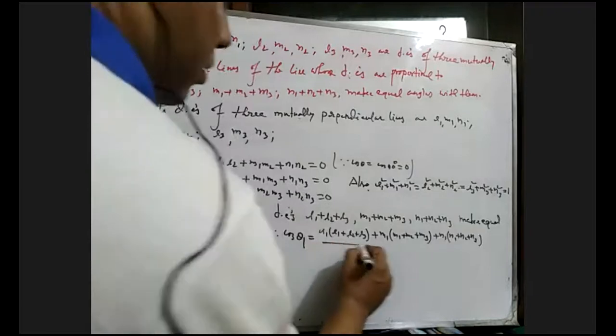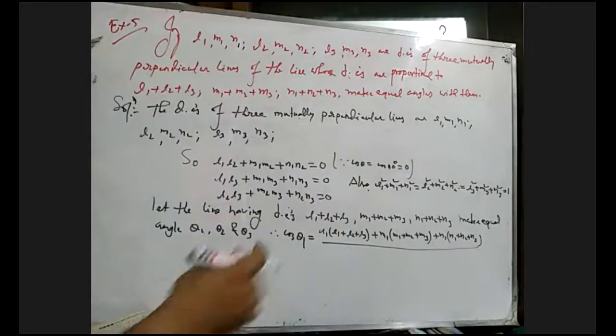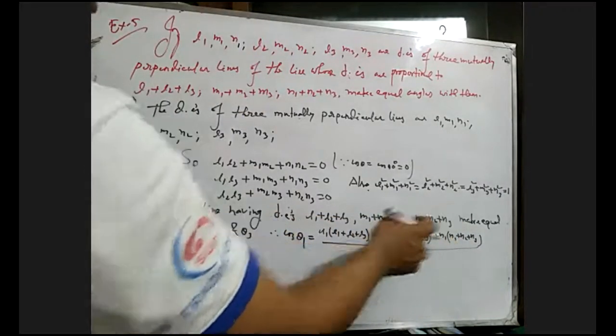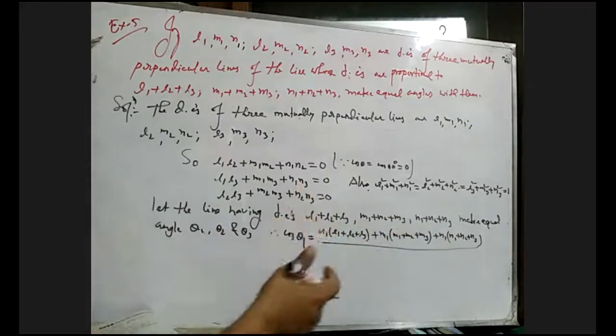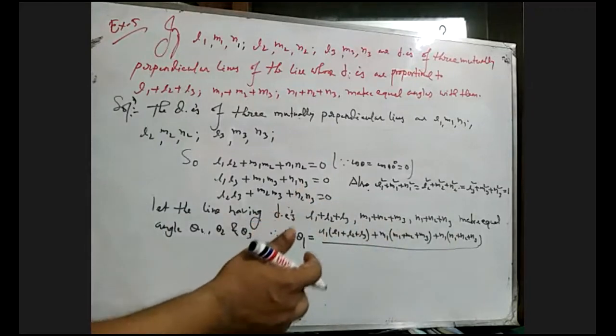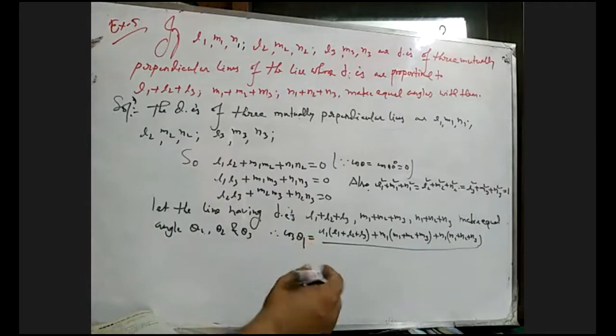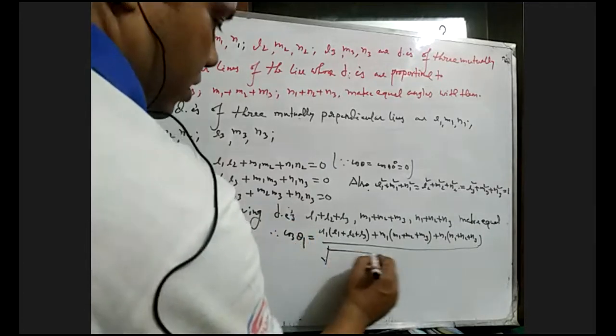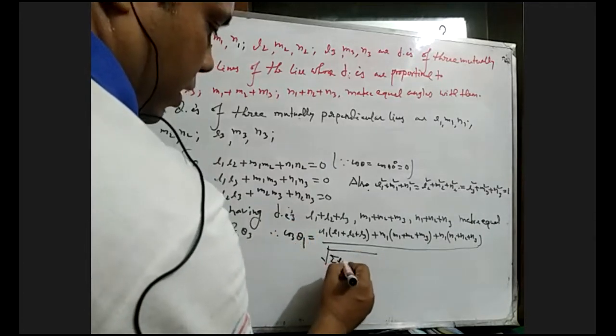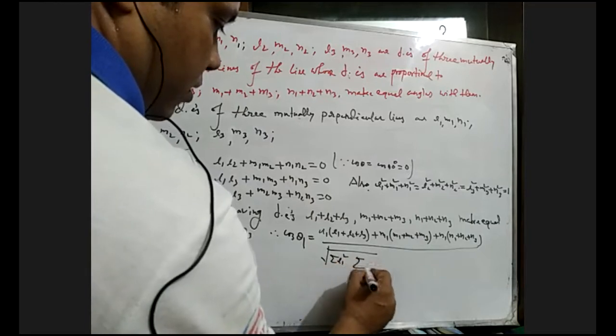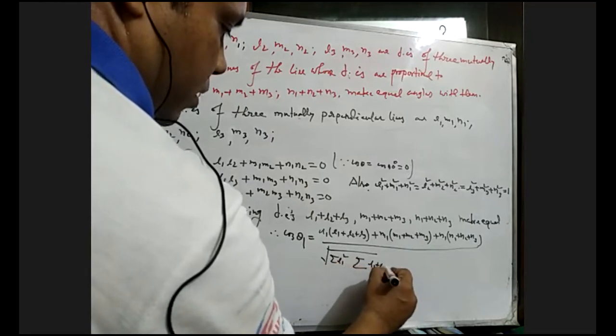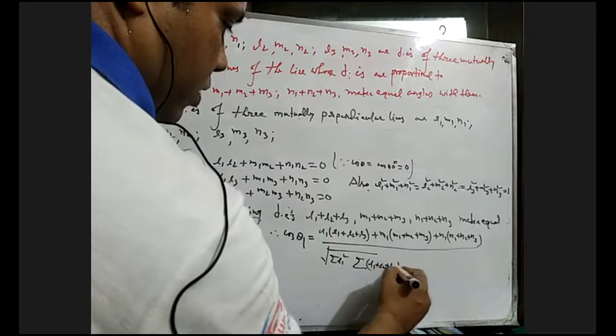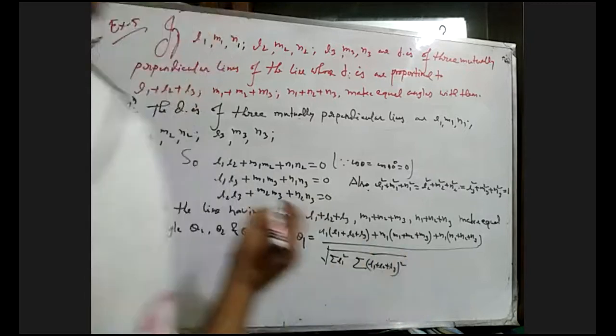That means cos theta equals A1 A2 plus B1 B2 plus C1 C2 over root of A1 square plus B1 square plus C1 square and root of A2 square plus B2 square plus C2 square. That means we get summation L1 square and summation L1 plus L2 plus L3 whole square.